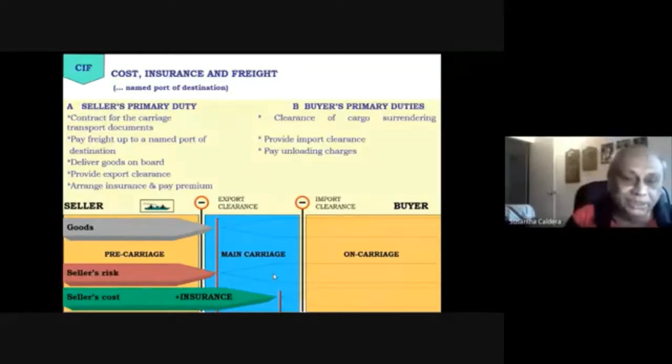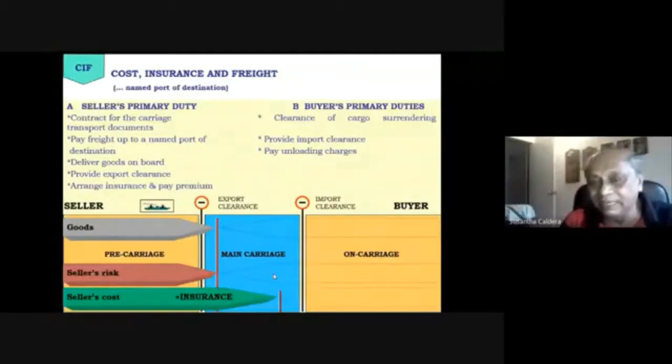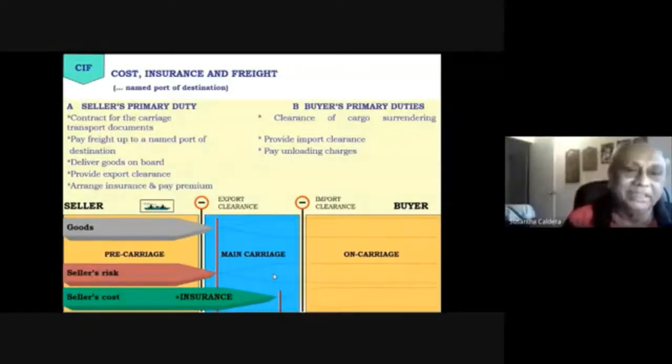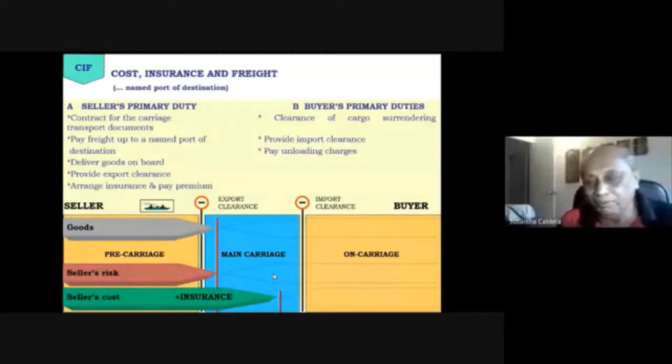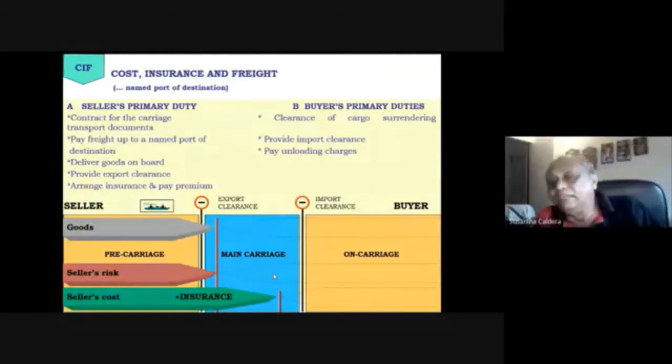This is very much similar to CFR. The only difference is that in CFR, cost and freight are handled by the seller. In CIF, cost, insurance and freight are handled by the seller. In CFR the buyer handles the insurance, but here the seller does the insurance. Right? The business we know mostly goes by CIF. You will have seen vehicle prices quoted as CIF, or FOB. CFR is used along with FOB and CIF.